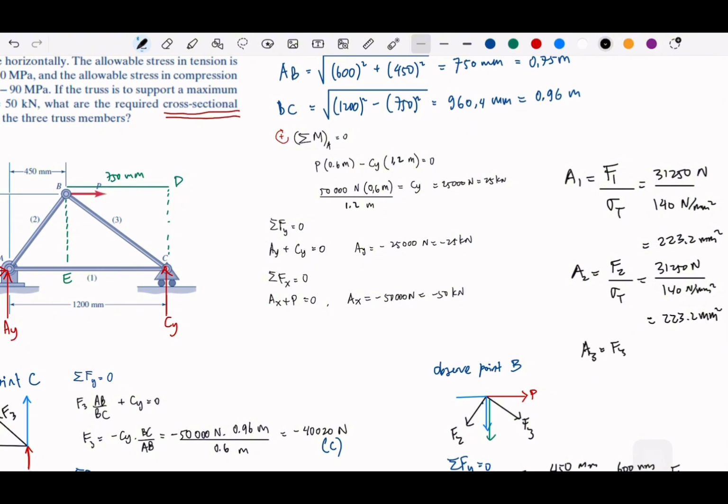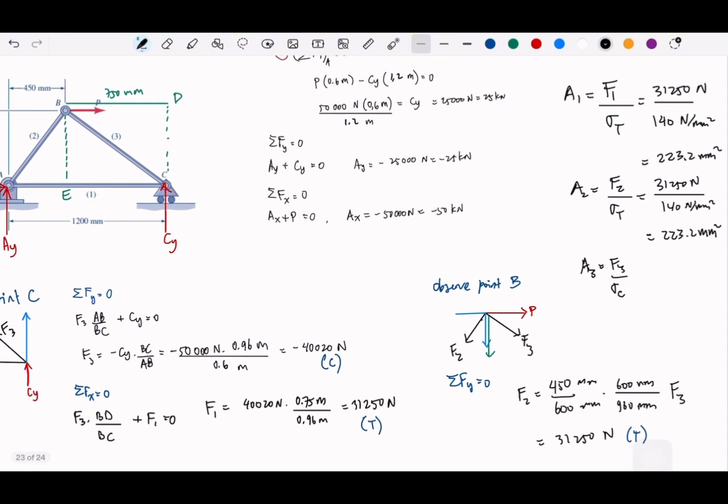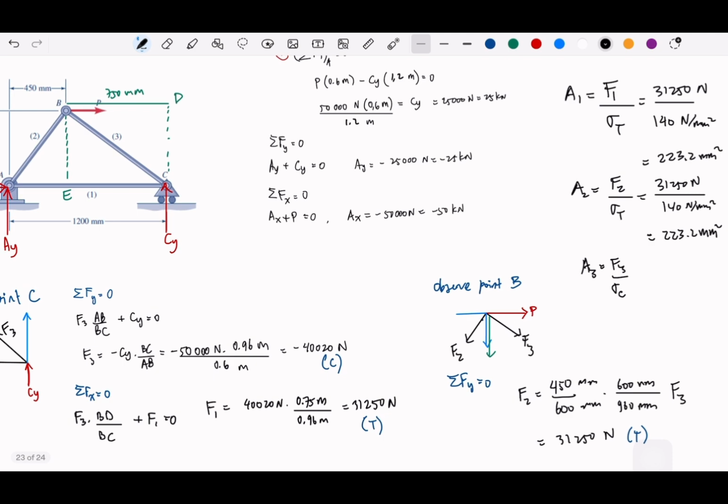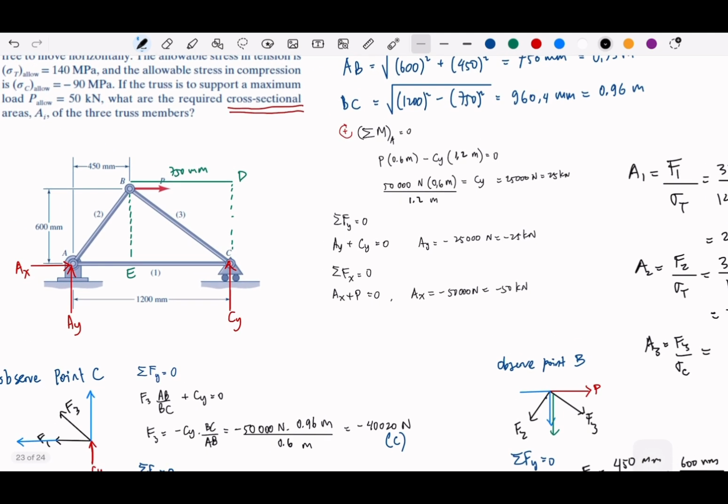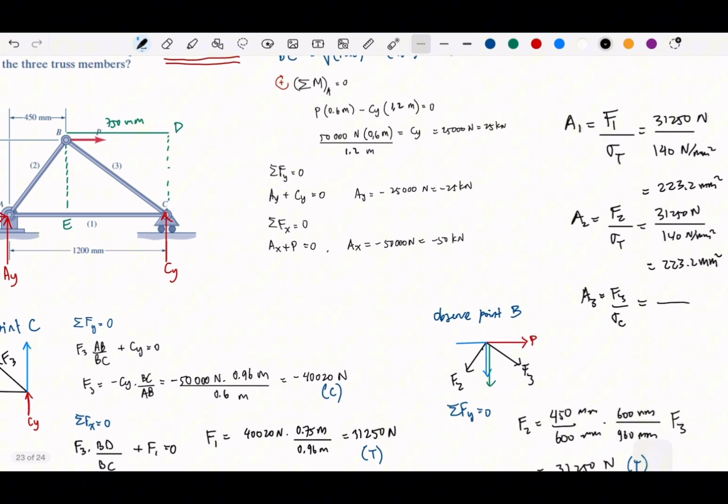And A3 will be the compression. Compression is negative 90.